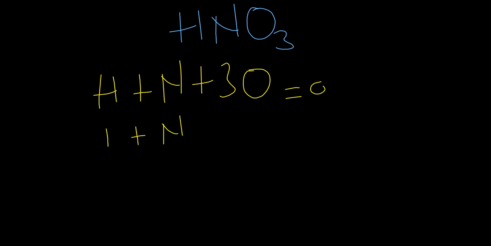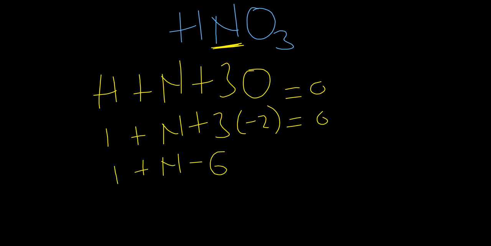Remember, we are looking for the oxidation number of nitrogen, plus 3 of the oxygen, which is equal to, sorry, let me clean this. So the charge on oxygen is usually -2, equals 0. So 1 plus the nitrogen, this will give us -6, equals 0. Our nitrogen, 1 minus 6 will give us -5, equals 0.